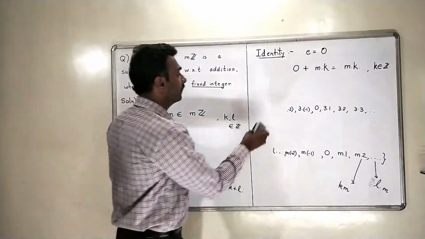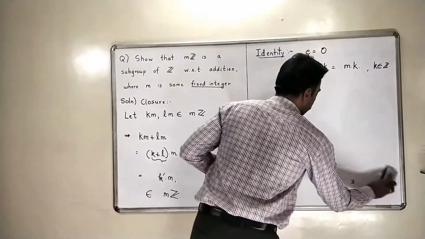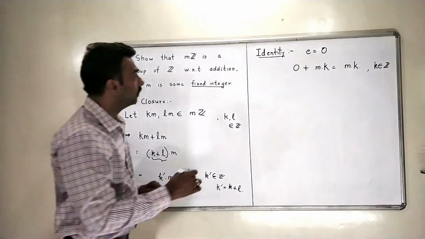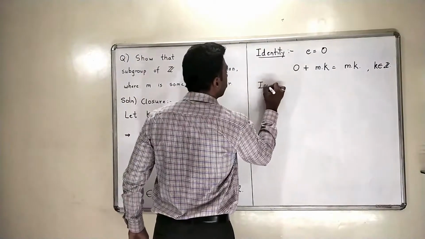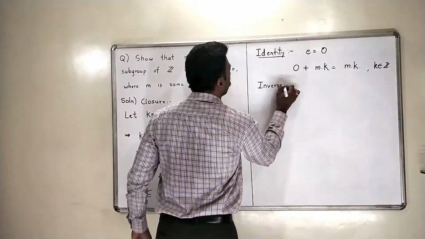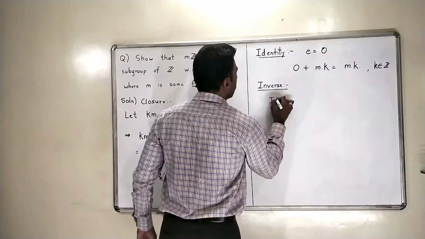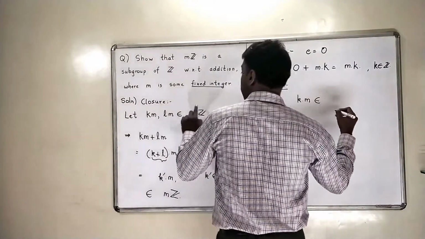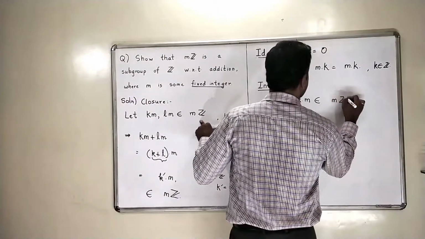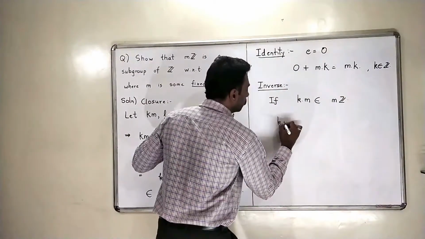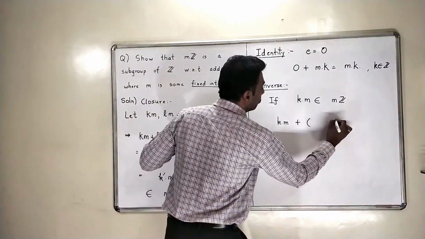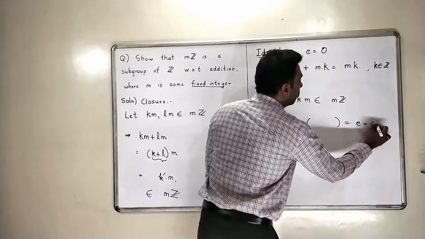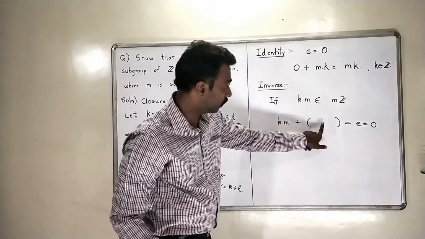The third is inverse with respect to addition. So the inverse: if you take any element km in the set MZ, then what should I add to this km so that I will get identity, which is 0, back? So what should I add here?